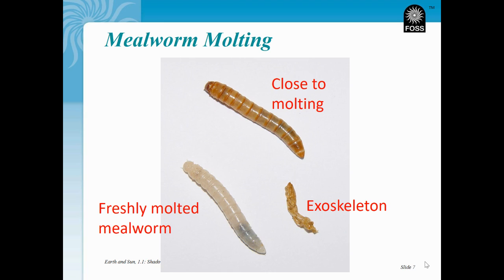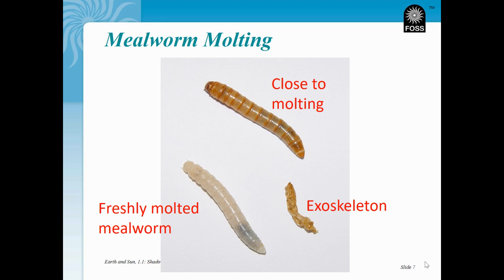The last picture on this page, you can see it almost looks like a white mealworm. This is a mealworm that has freshly molted, meaning it has just shed its exoskeleton and it is growing.